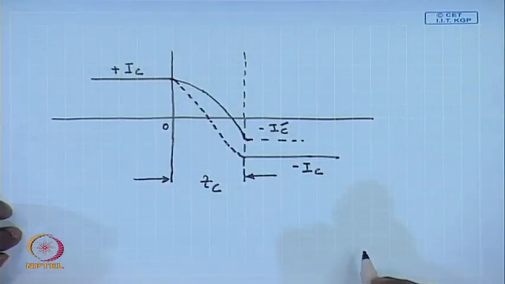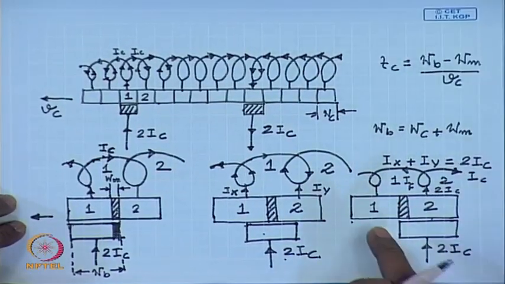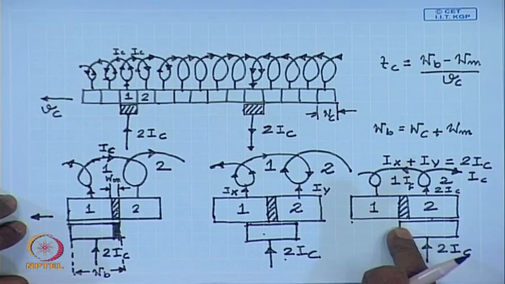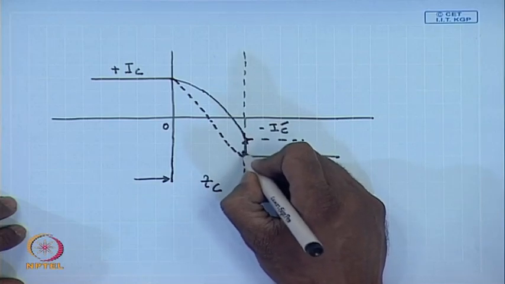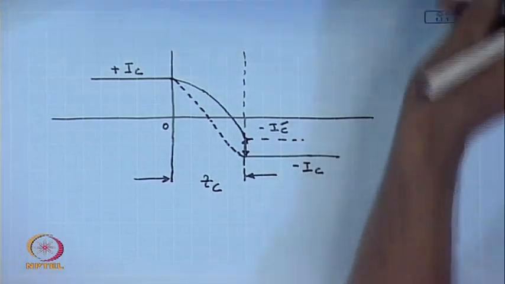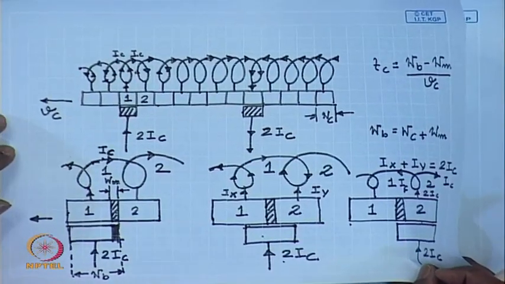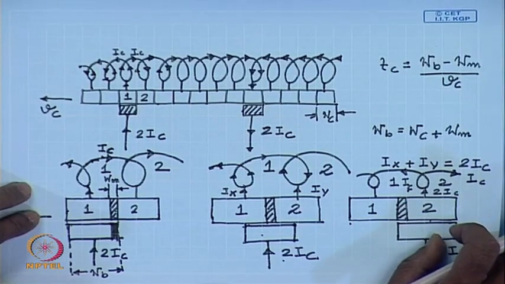If that is the case, then when the contact with commutator segment 1 breaks at the end of commutation, there will be a sparking. The amount of sparking current will be this. This is called under commutation, that is, the commutation has not completed before the brush has moved from one commutator segment to the next commutator segment.